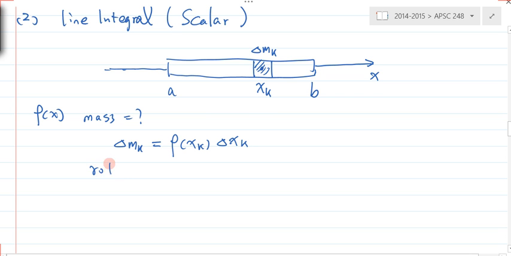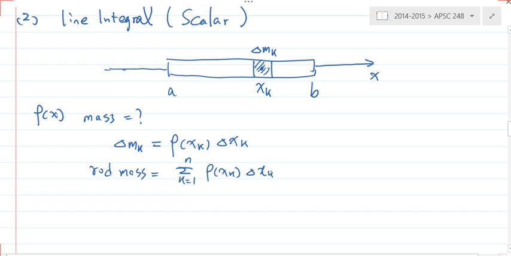Then the total rod mass is the summation of many of these. Let's say I have n segments, so I'm adding n of these, and that gives us the total mass of the rod.